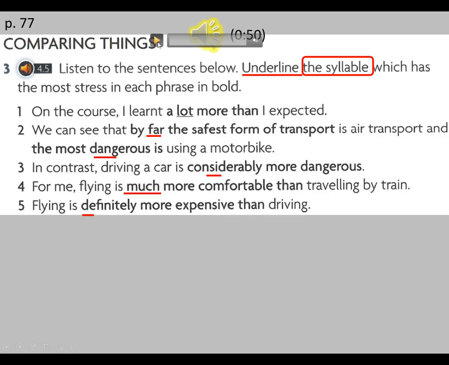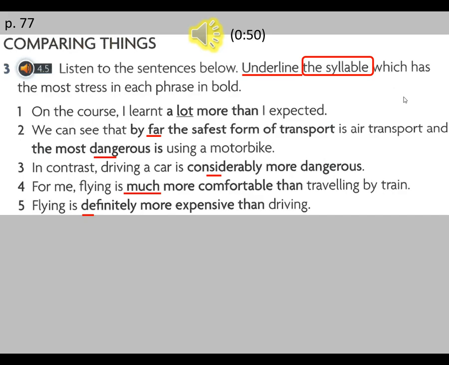1. On the course, I learnt a lot more than I expected. 2. We can see that by far the safest form of transport is air transport, and the most dangerous is using a motorbike. 3.